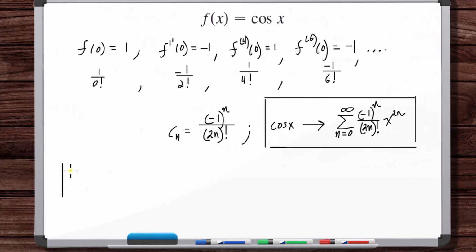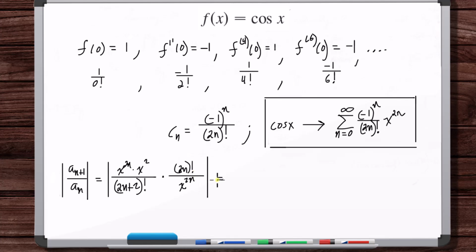Okay, now let's find the radius of convergence. Okay, the minus 1 to the n goes away. So x to the 2 times n plus 1, that's x to the 2n plus 2. So we've got x to the 2n times x squared over 2n plus 2 factorial. Okay. Then x to the 2n.